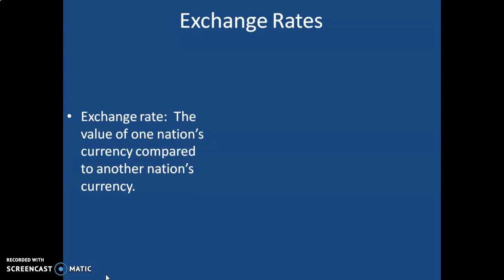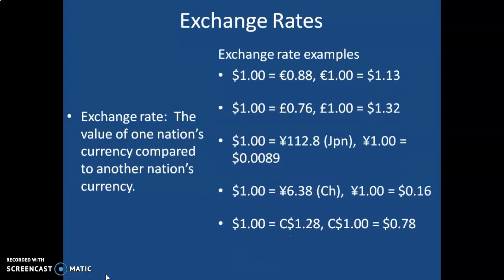The exchange rates on December the 4th, 2022 will almost certainly be different than what I show you today, just as the exchange rates today are different than they were a year ago. So here's some examples. Today, $1 equals 0.88 euros, or if you had €1, that would be equivalent to $1.13 in US money.